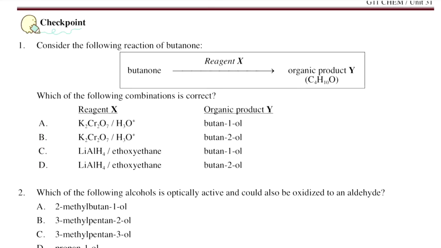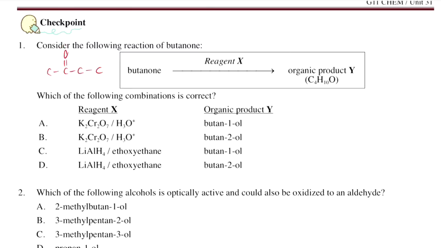Let's take a look at what the product is going to be. First we need to draw the structure of butanone. We draw 4 carbons, and for butanone, the carbonyl group must be placed in the middle of the carbon chain. It doesn't really matter which side you put it, because you have to make sure it gets the lowest number, so it's always at the second carbon.